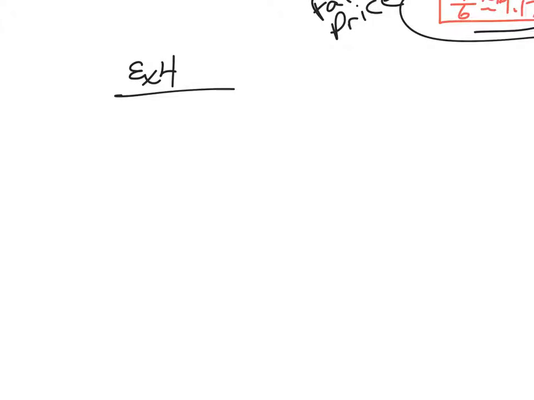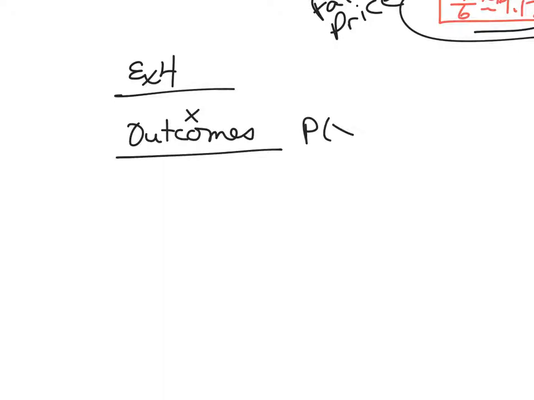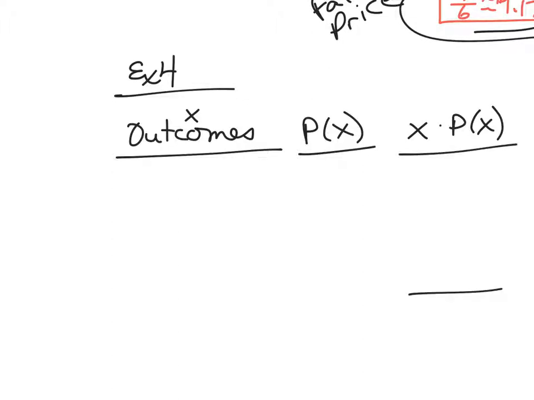Okay, so let's list the possible outcomes. Those are x's. And their associated probabilities, that's p of x. And we'll have x times p of x. And then we'll add those, just like we always do. Every time, that's what we're going to do.